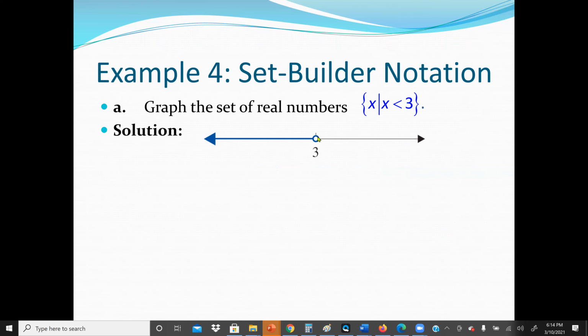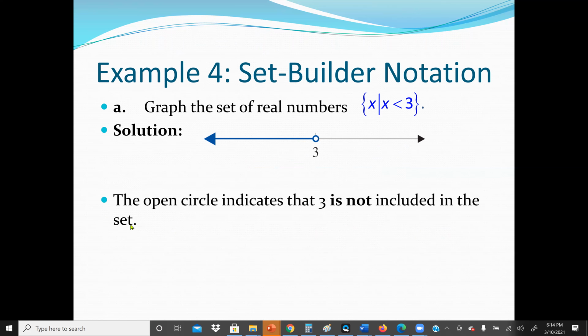A point with a hole means the value will not reach 3. So the open circle indicates that 3 is not included in the set. Here the set of real numbers goes from negative infinity to 2.9999, and 3 is not included.